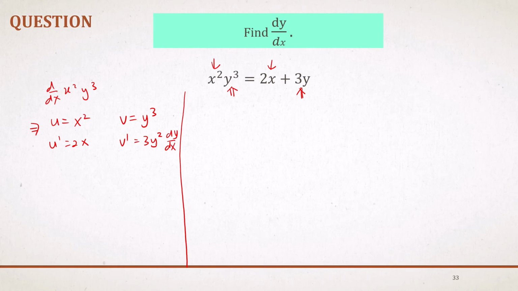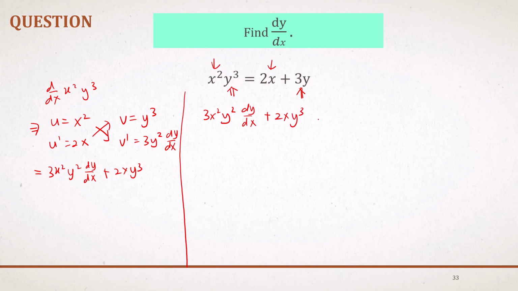Don't forget, whenever you see a y, you get a dy/dx. And differentiating this one, you will get uv' plus u'v. So my answer is 3x squared y squared dy/dx plus 2xy cubed. I'm going to substitute over here. So it's 3x squared y squared dy/dx plus 2xy cubed. And don't forget that is equal to the differentiation of 2x, which is 2, and differentiating y, which is 3 dy/dx.